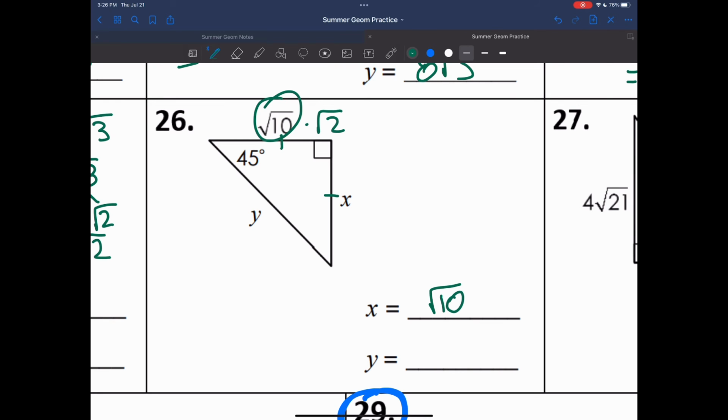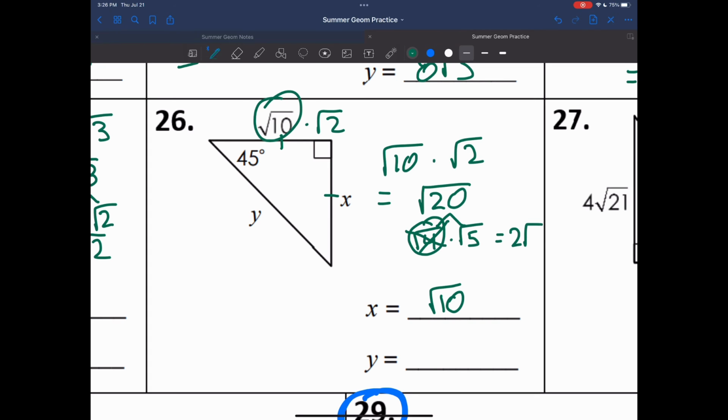Okay, so square root of 10 times the square root of 2 is going to equal the square root of 20. And let's see, can we simplify that? I think we can. Let's break that down. We could do 4 times 5. Okay, so then this would equal, because the square root of 4 is just 2, 2 square root 5. That would be our hypotenuse, 2 square root 5.